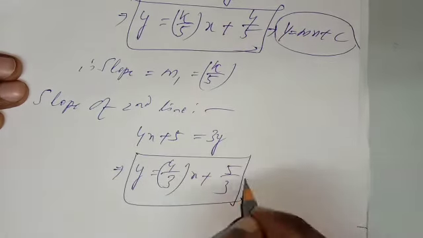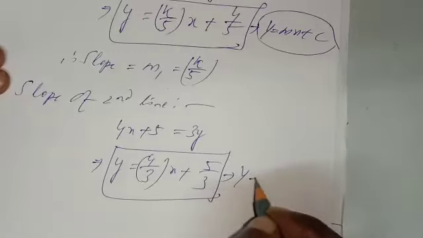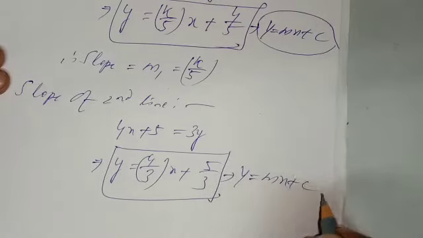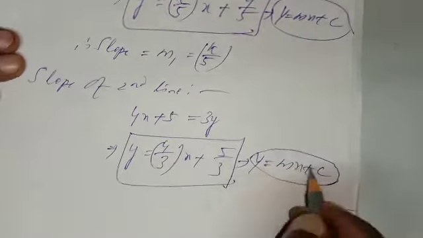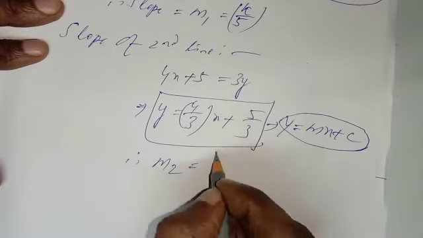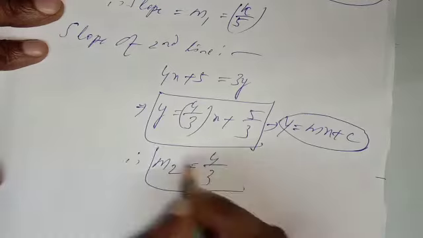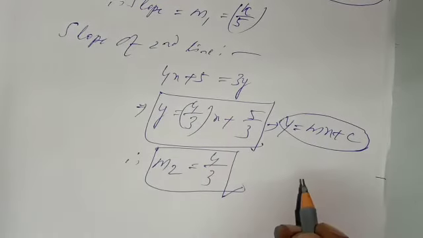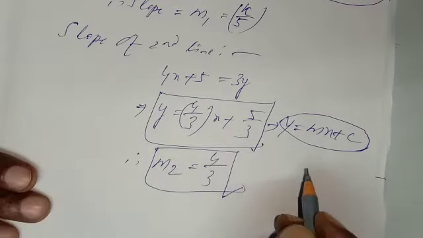Now compare with y is equal to mx plus c. The slope of the second line, that is m2, is 4 by 3.